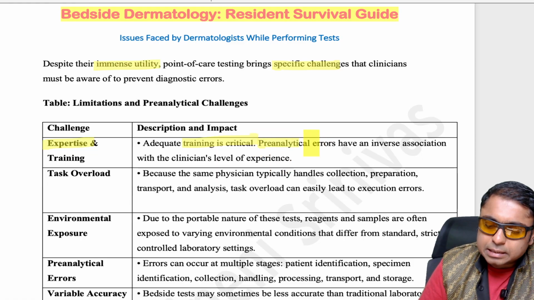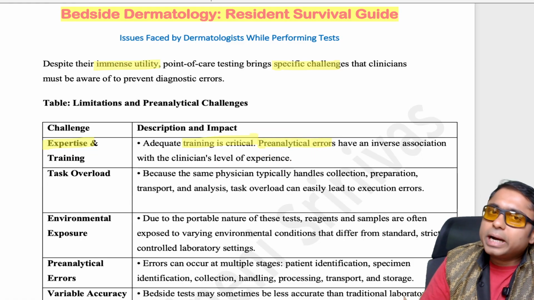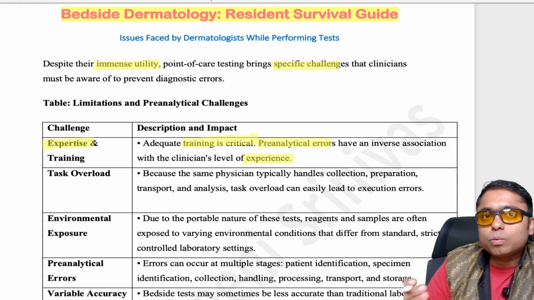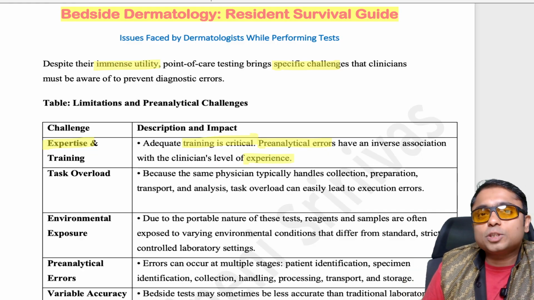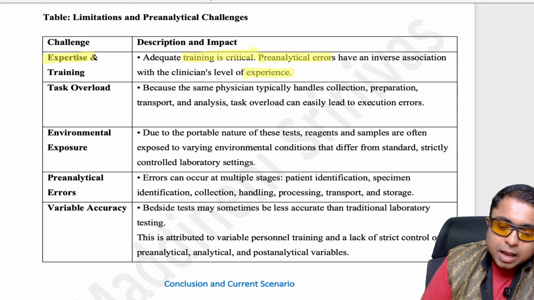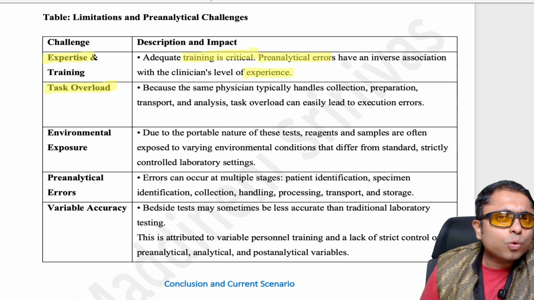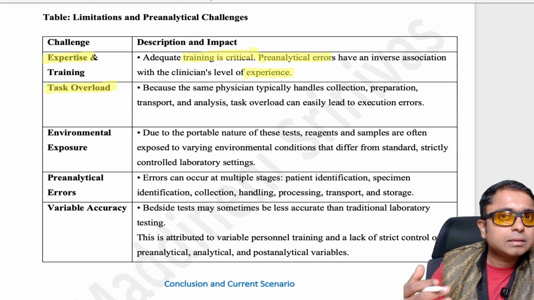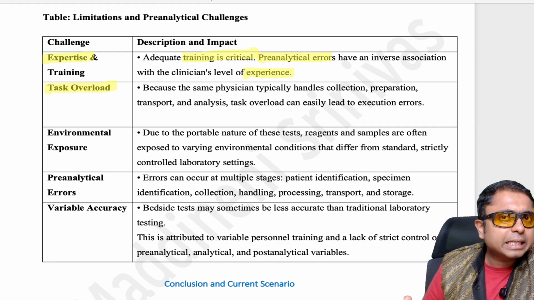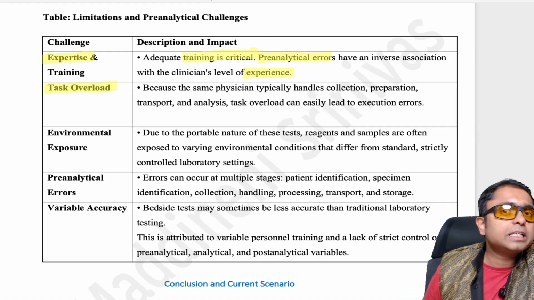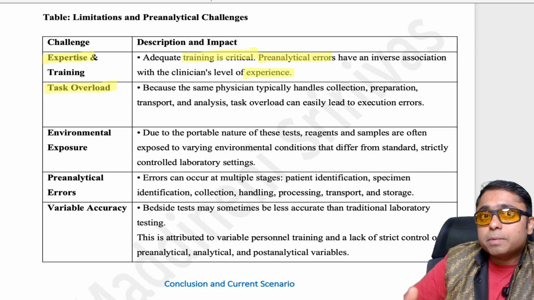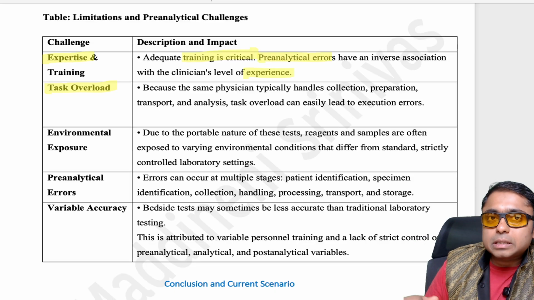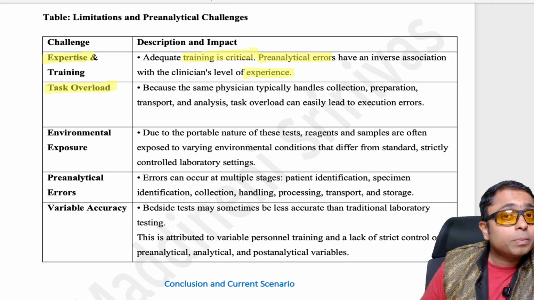Pre-analytical errors: when you get experience, you are going to make fewer of these errors. So get as much experience as possible during your postgraduation itself. And obviously there is going to be a task overload. You are just taking history and doing the examination, and you can send the investigations in the normal routine. But in bedside testing, you need to do the extension part also, that is taking the samples and performing some signs.